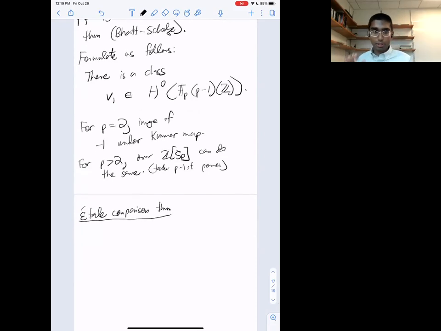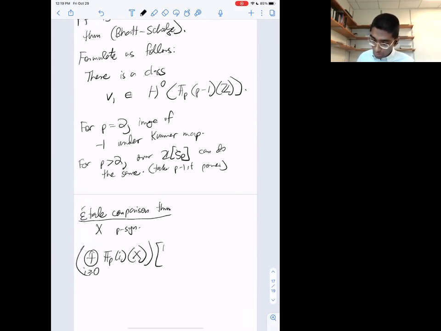It states that if you invert this class v1, then, if you have any scheme X, let me assume X is p-quasisyntomic for simplicity, and you take this direct sum of the F_p(i)(X), which is a graded E-infinity ring with a class v1, and you invert v1, what you get is exactly the same thing for X adjoin 1/p. So it's given by the direct sum, over all integers i, of F_p(i)(X adjoin 1/p).